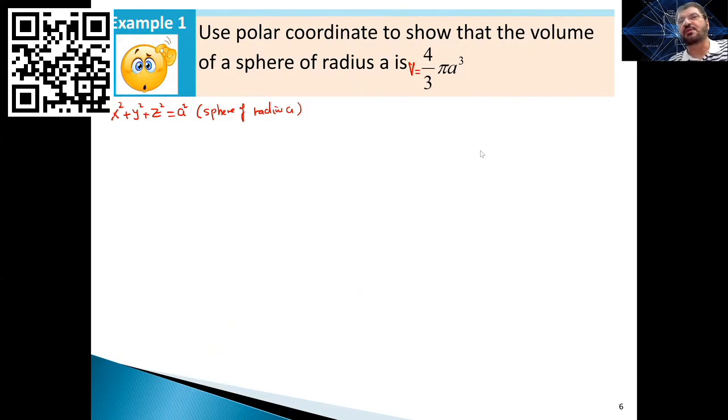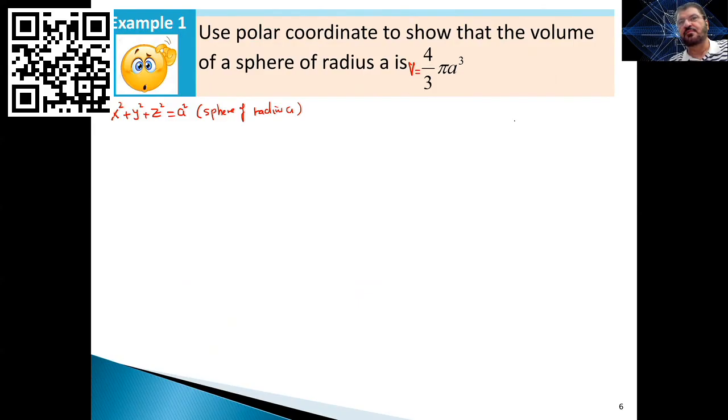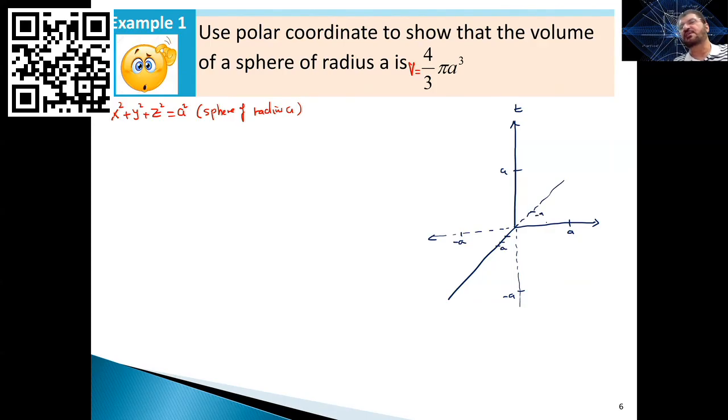So let's graph this one. Let's suppose this is a on the y-axis, and this is negative a on the y-axis. This is now the z-axis. This is a on the z-axis, and if we go down, this is negative a on the z-axis. Here is, for example, a on the x-axis, and this is negative a on the x-axis.